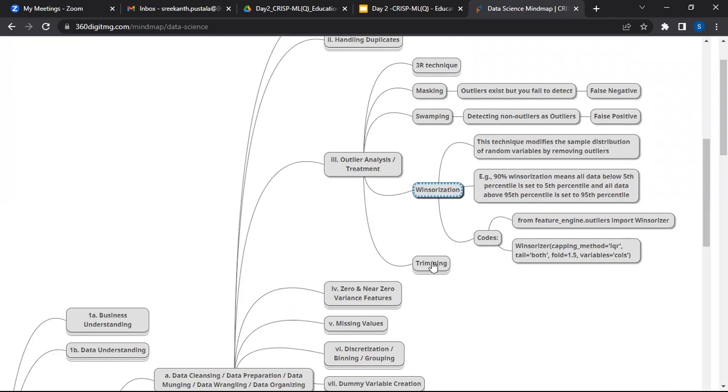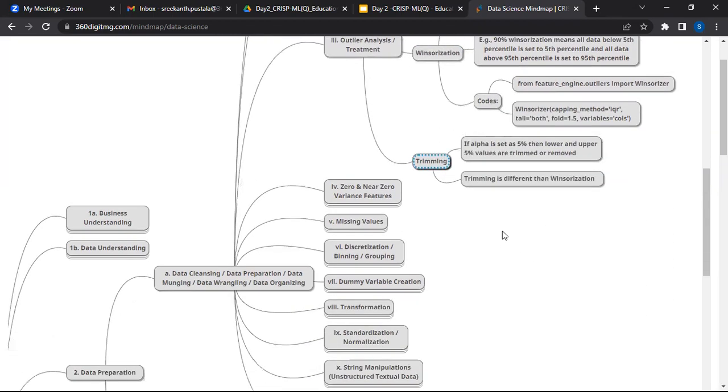The next method that we have is, if alpha is set as 5%, then the lower and upper 5% values are trimmed. So we can set the percentage. So trimming is the method that we use to remove outliers. We are going to specify the outliers by using the upper limit and lower limit. We have seen the IQR method, the box plot.